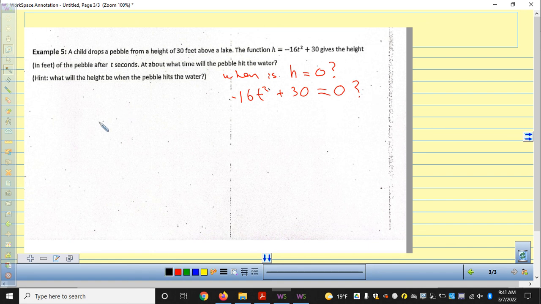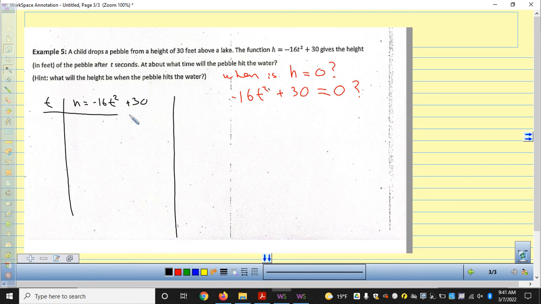So I'm going to make a graph here. I'm going to make a table of values. So I'm going to say t and h equals negative 16 t squared plus 30. That's where we're going to calculate our h values, and we'll put our h over here. And we're going to start at time equals 0.